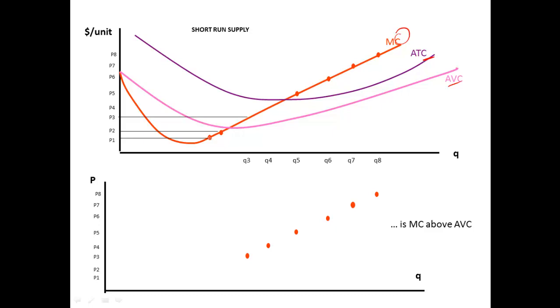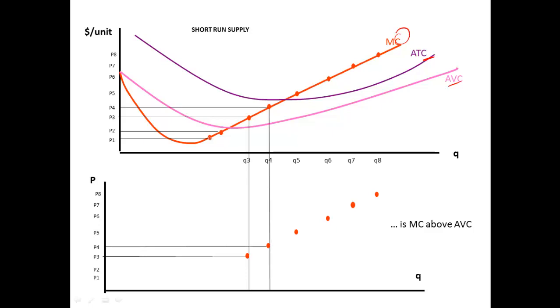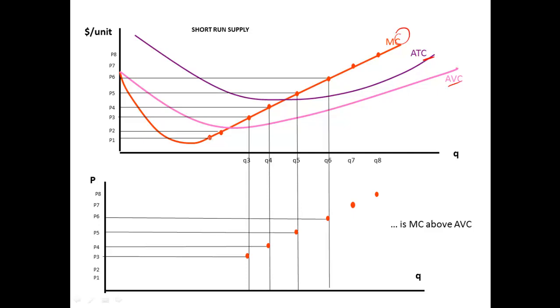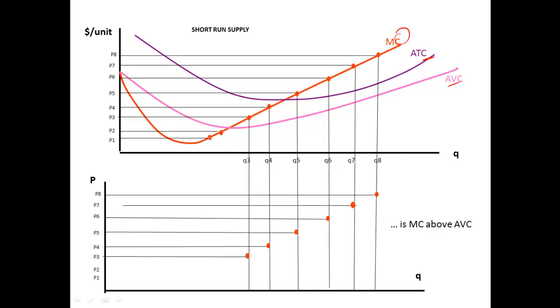When we get to P3, though, the optimal thing to do is to produce Q3. When we get to P4, the optimal thing is to produce Q4, and so forth. What we're deriving is that the optimal thing to do at each of these successive prices is to produce the quantities along the marginal cost curve. If we represent these down below, what we've got is the firm supply curve.